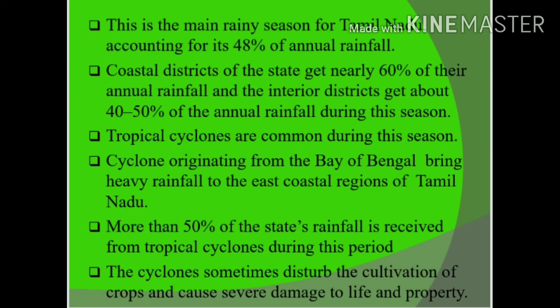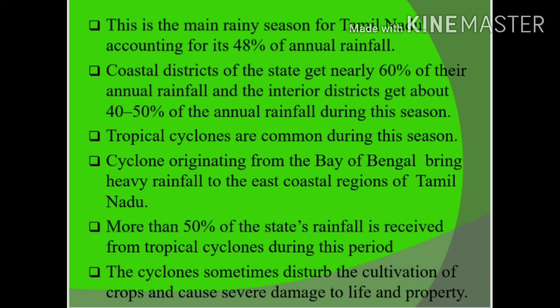The coastal districts of Tamil Nadu get nearly 60% of their annual rainfall, and the interior districts get 40 to 50% of annual rainfall from this northeast monsoon season. That is the present situation. What we are receiving as rainfall nowadays comes under this northeast monsoon season.